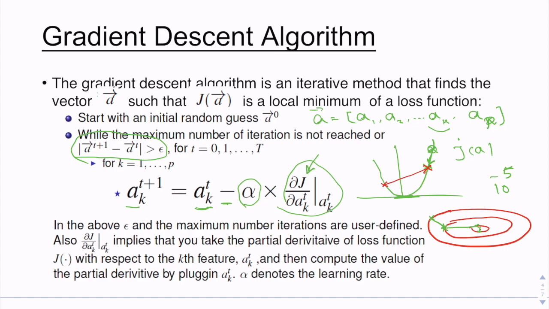Fortunately, there are techniques that have an adaptive method of specifying the learning rate. In fact, one of the hottest topics from 2010 until 2015 and 16 was how to find an adaptive learning rate for the gradient descent algorithm, and there are now very powerful techniques like AdaGrad and also the Adam Optimizer.